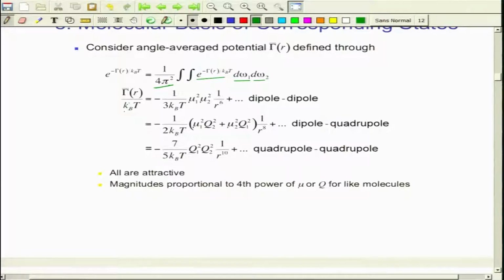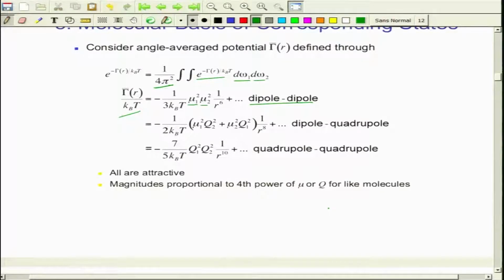Now, this part you can show without showing all the details, that the average energy divided by kT can be written in this form, where you have minus 1 by 3 kT, mu1 squared, mu2 squared, 1 by r^6. This is the dipole part, or for the case of dipole-quadrupole it is this, and this is the case of the quadrupole. So if you plug in this information depending on which part you are interested in, you will get these conditions for different combinations.